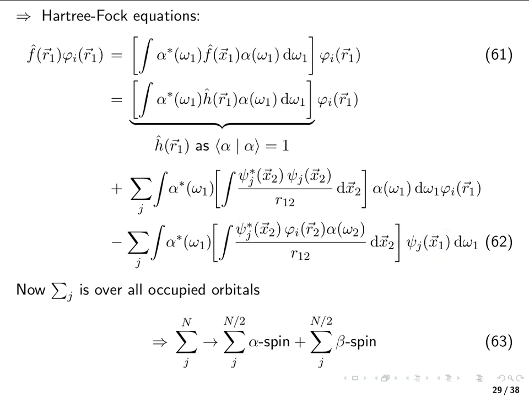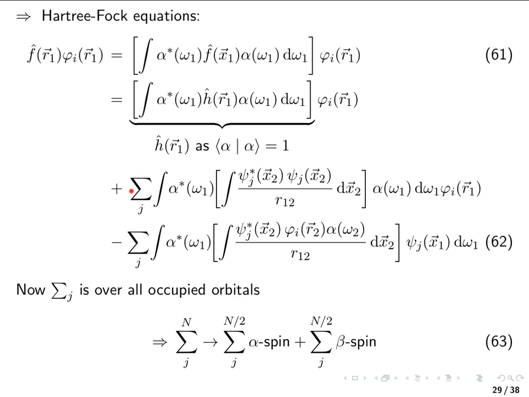Whereas in the integral over electron 2, now we get phi i of electron 2 times alpha of electron 2, because in the Coulomb integral we had phi i of electron 1 times alpha of electron 1, and in the exchange integral electron 1 and electron 2 are interchanged in the ket part, so we get now phi i of electron 2 alpha of electron 2.